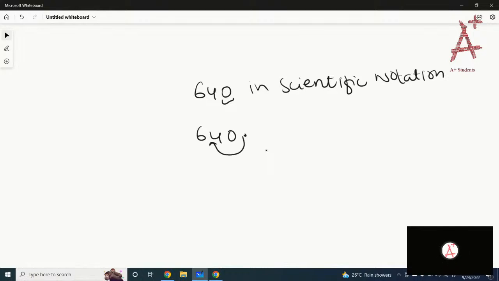So when you move it left, you have to move the decimal point 2 places left. So it would be then 6.4 times 10 exponent 2. Got it? Because you moved 2 decimal places, it is 6.4 times 10 exponent 2. Select the correct option and click on the OK button.